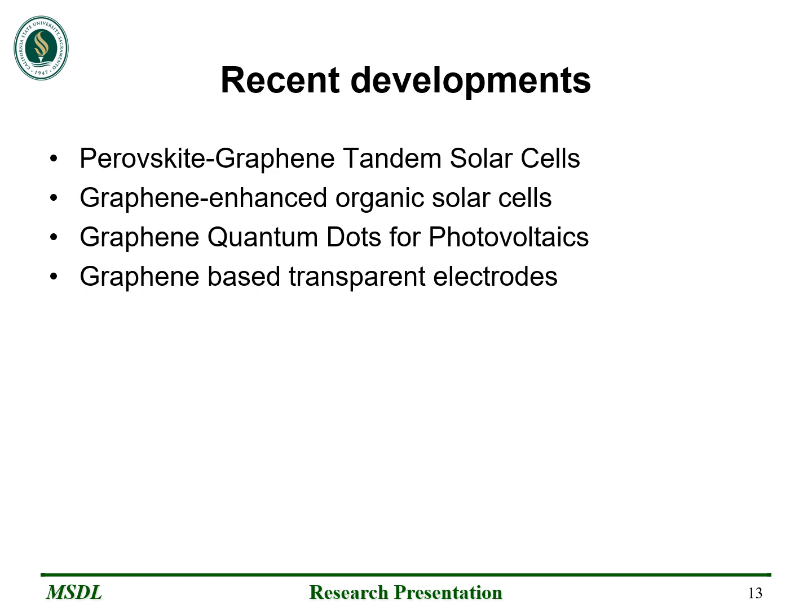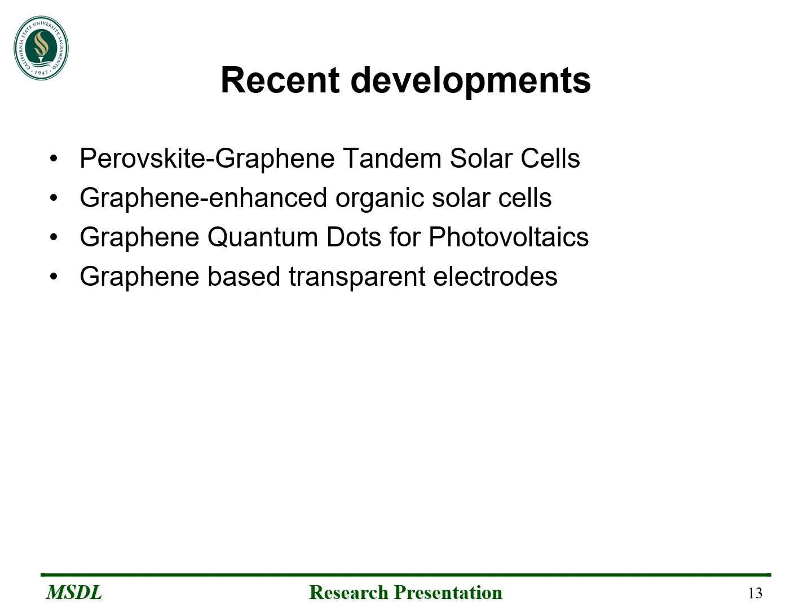Firstly, researchers have been exploring the use of perovskite-graphene tandem solar cells to improve the efficiency of solar energy conversion. In this approach, a perovskite solar cell is stacked on top of a graphene-based hot carrier solar cell, allowing for the capture of more of the solar spectrum and the generation of more electric power.